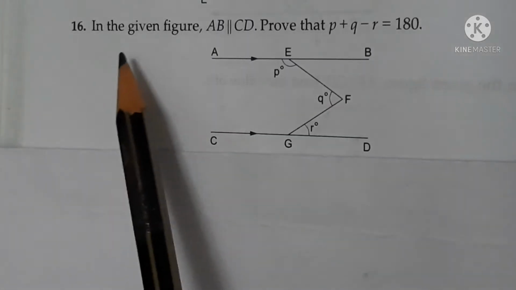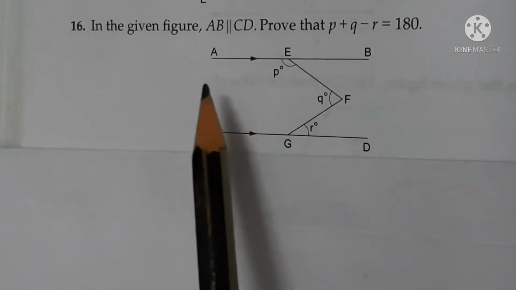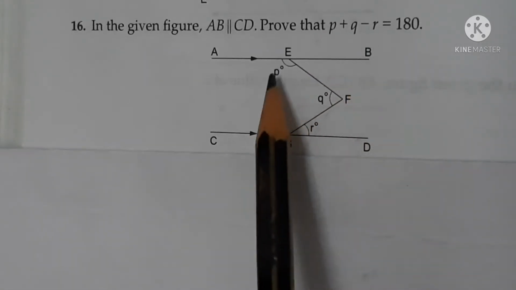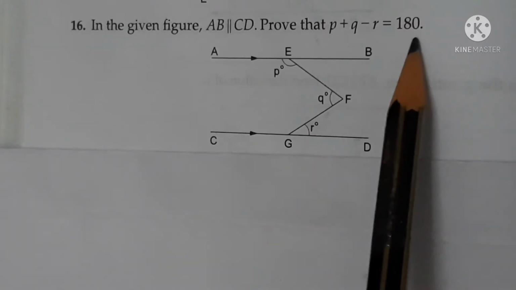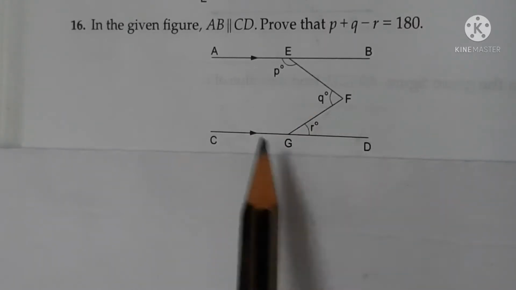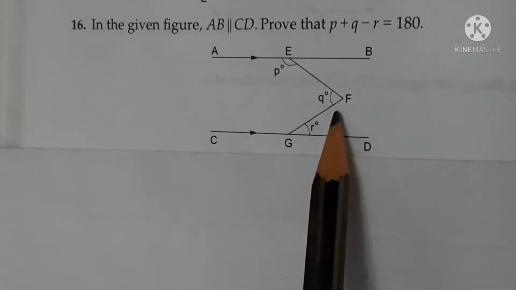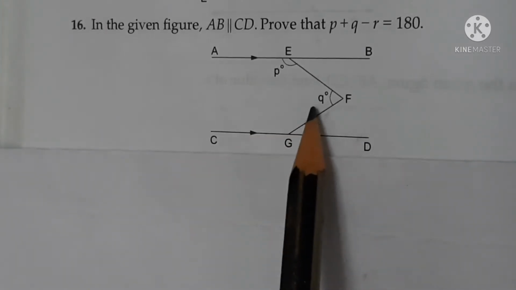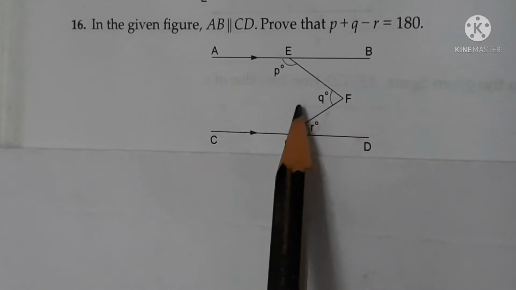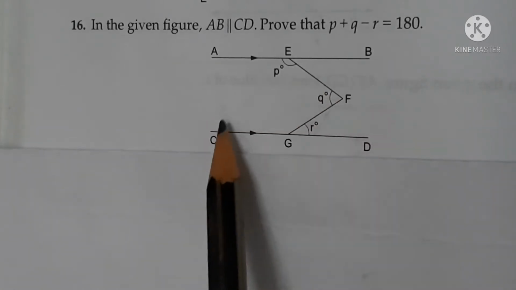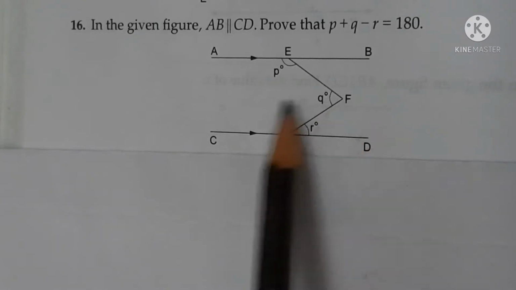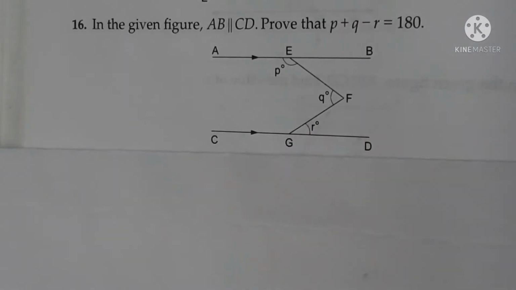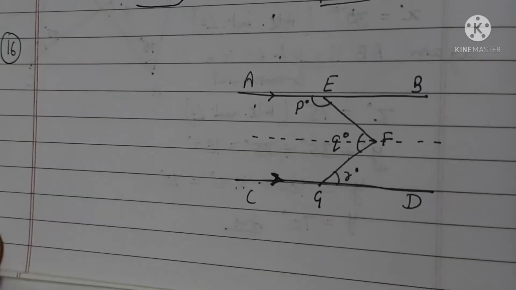Question number 16. In the given figure, AB is parallel to CD. Prove that P plus Q minus R is equal to 180 degrees. So what to do? Here we construct a line parallel to AB and CD. It will pass through the point F, and do it in your notebook.